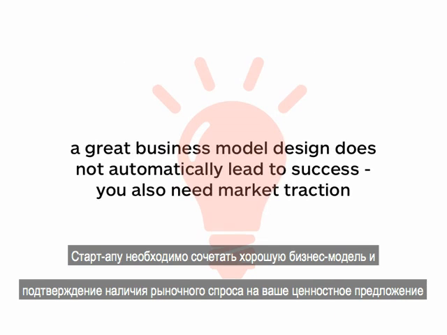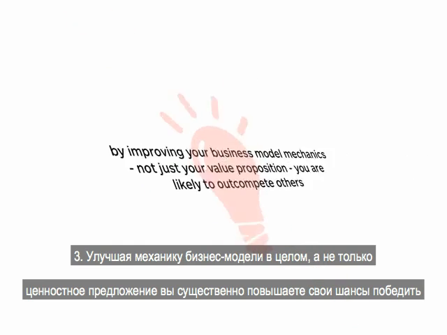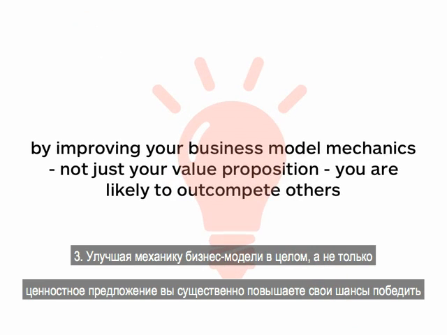It's the great business model design and the market traction together that you need to achieve. And the last one, by improving your business model mechanics, by improving the design of your business model, not just your value proposition, you are very, very likely to outcompete your competitors.